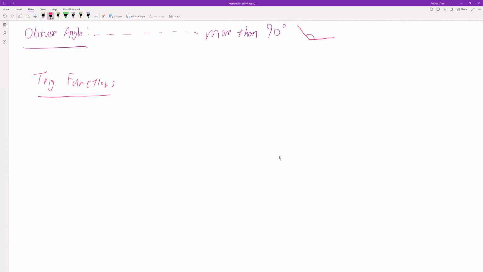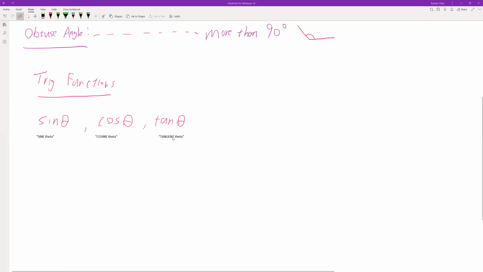So for trig functions, there are a total of 6 basic trig functions, but today we're going to start with 3 first. Sine theta, cosine theta, tangent theta. And they're read as the following.